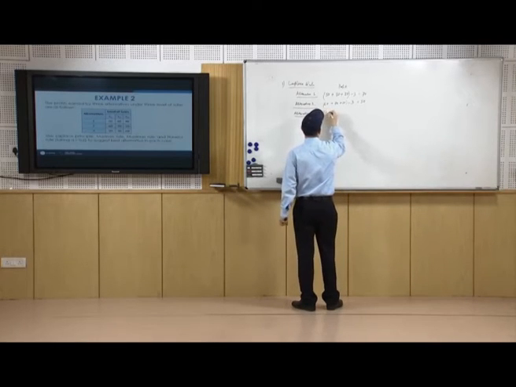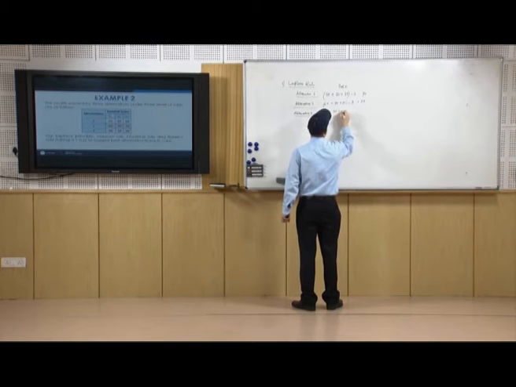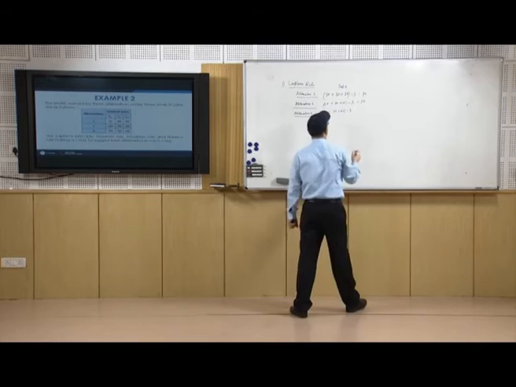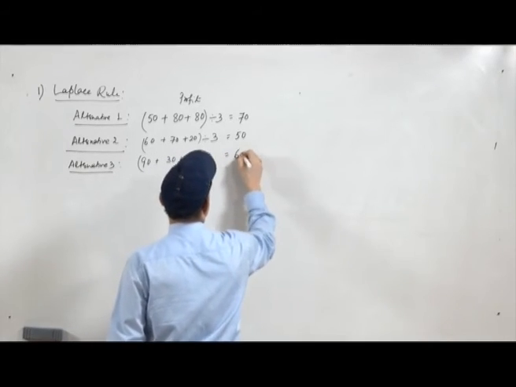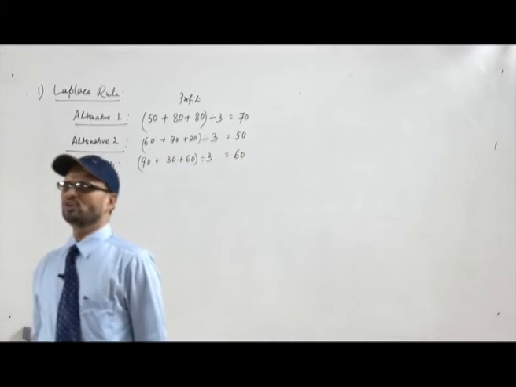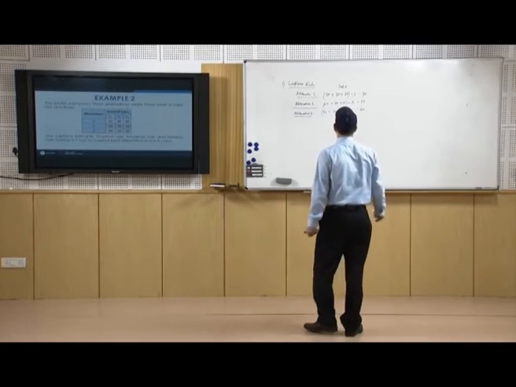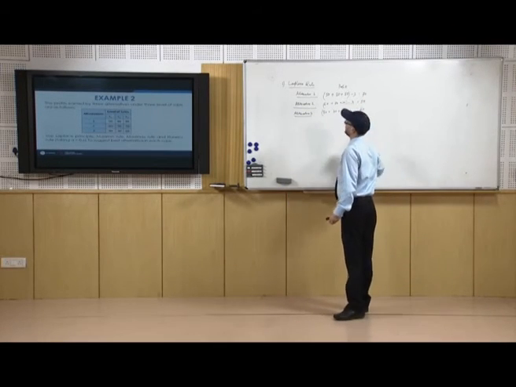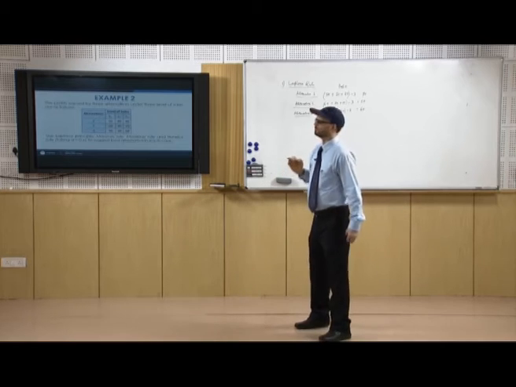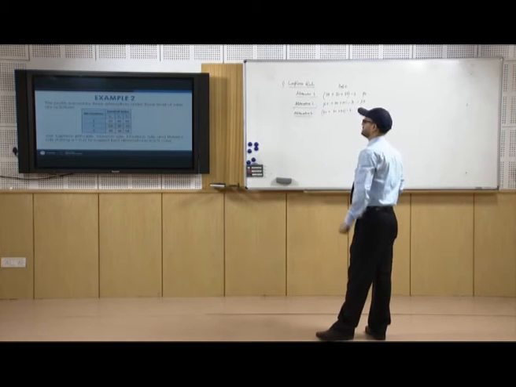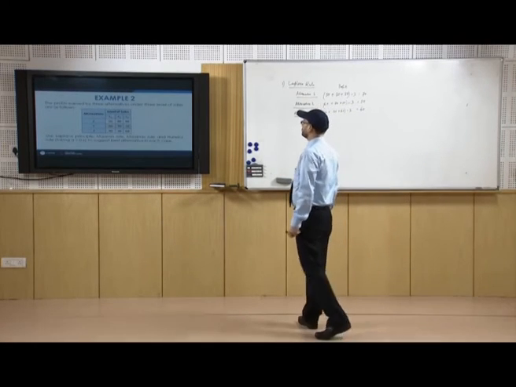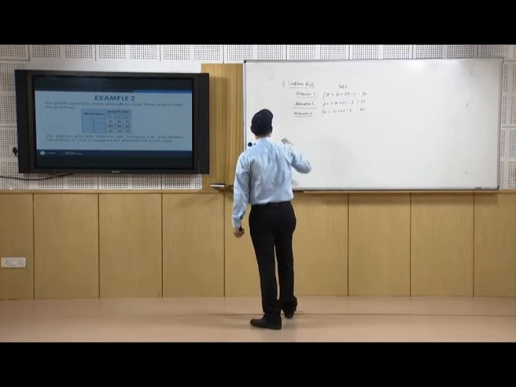So, it will be 90 plus 30 plus 60 divided by 3, which is 180 by 3, that is 60. So, using the Laplace rule, you see that alternative 1 should be preferred, which gives you the maximum profit out of the 3 alternatives. Let us go to the Maximin rule.